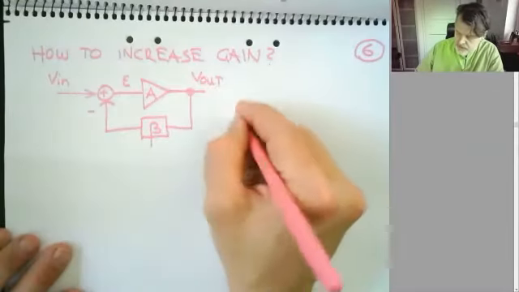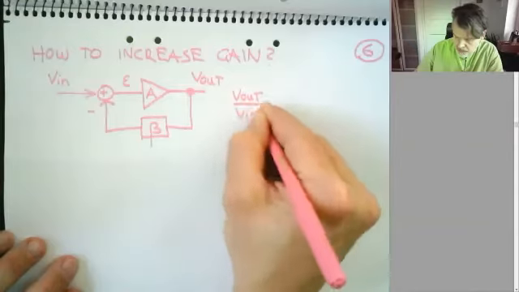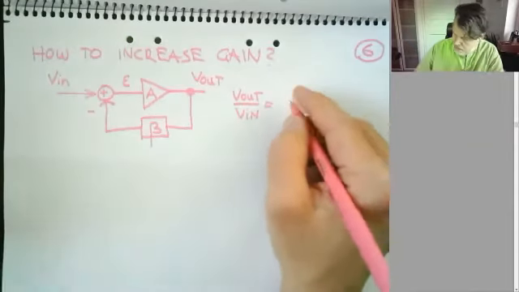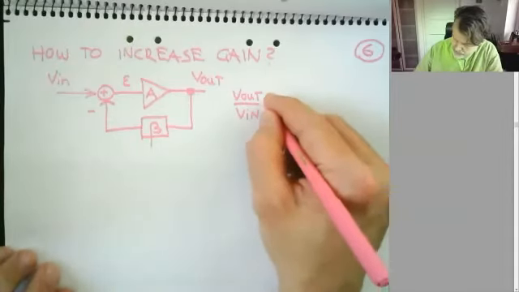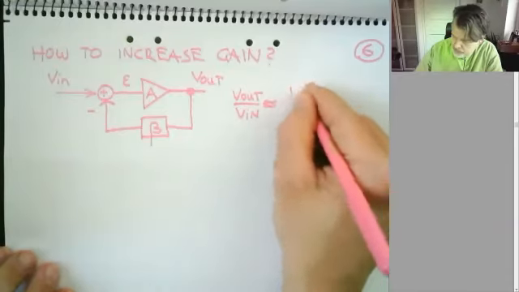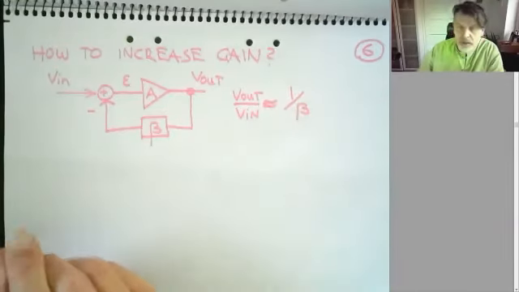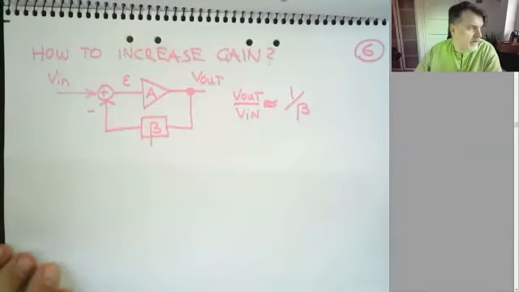And we have a transfer function V out divided by V in, which is approximately equal to 1 over beta. That is the end result we want, because we want to make the device independent of variations in the gain of the amplifier.